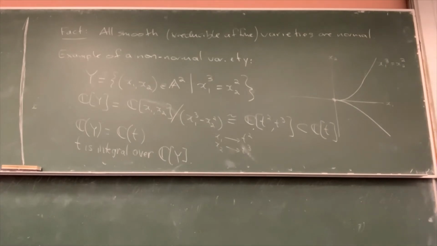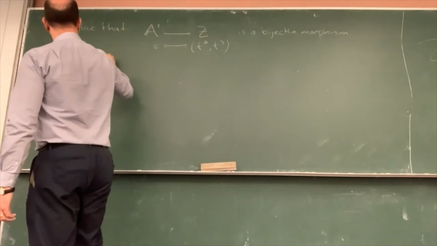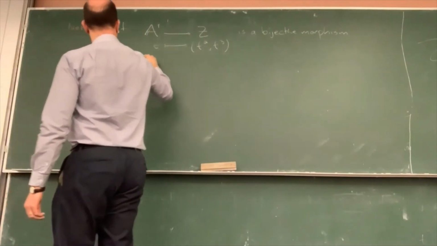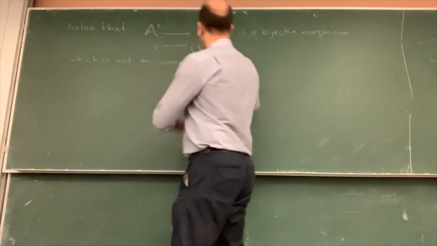So notice that the morphism from the affine line to this Y, which sends t to (t squared, t cubed), is a bijective morphism which is not an isomorphism. Oh, sorry, thanks.